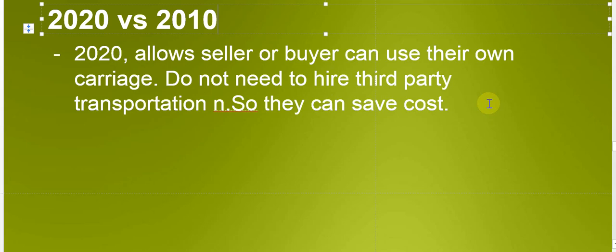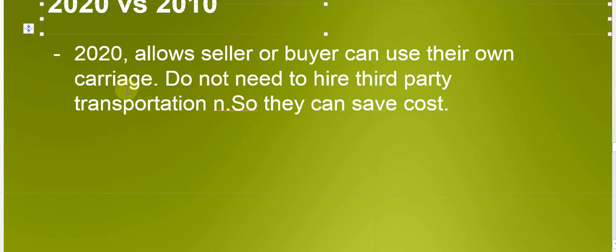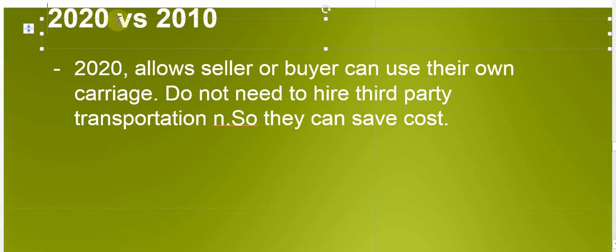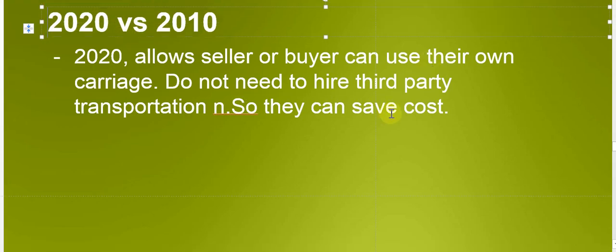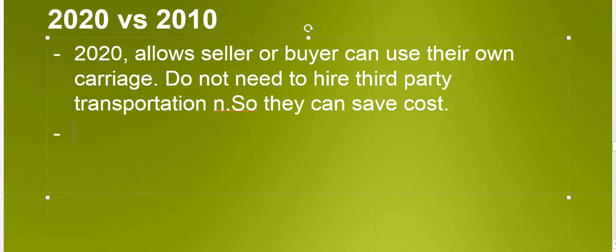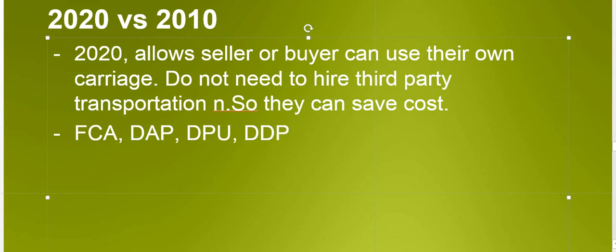Consequently, the rules where the buyer or seller can use their own vehicle are FCA, DAP, delivered at place, DPU, delivered at place unloaded, and DDP, delivered duty paid.